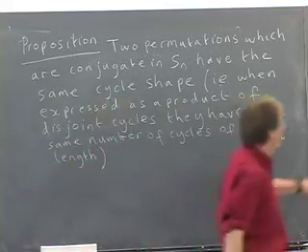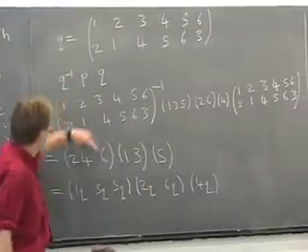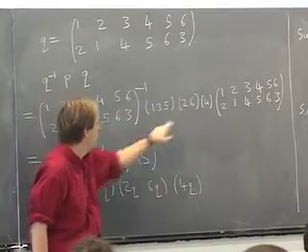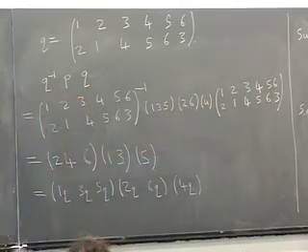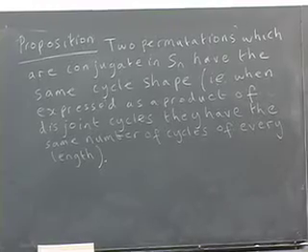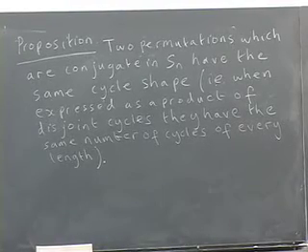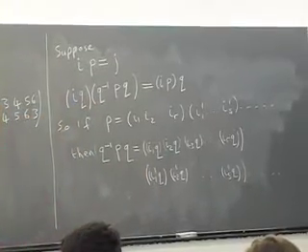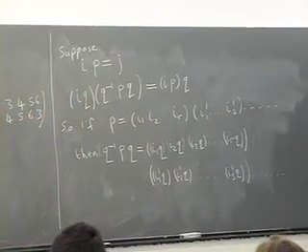So this and this have the same cycle shape. They have one cycle of length 3, one cycle of length 2, and one cycle of length 1. Okay, and that's now obvious from this calculation. We've taken the cycle shape for P and we've obtained the same one for Q inverse PQ.